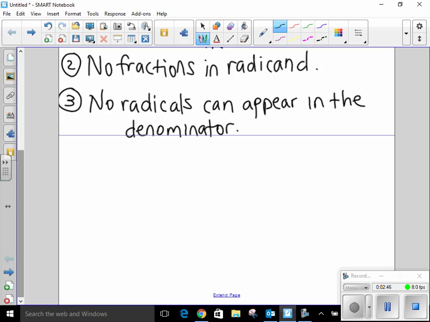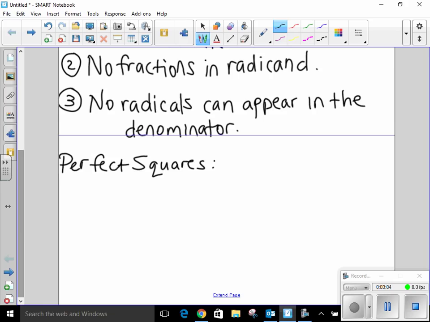All right, in order to simplify square roots, though, you have to know your list of perfect squares. So we have you memorize the first 15. If you know more than the first 15, then obviously that'll be a stronger suit for you, but the first 15 is a requirement.